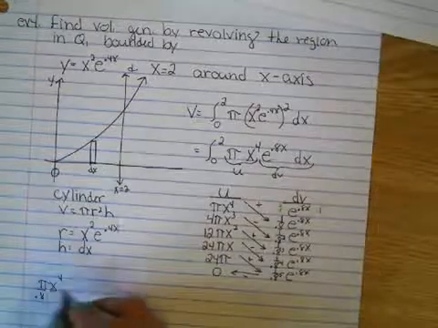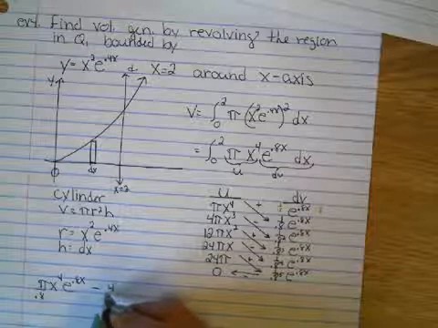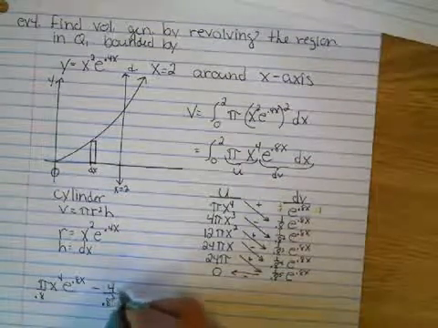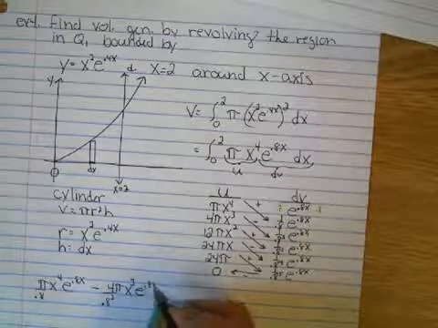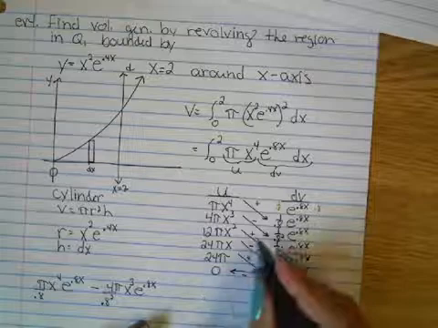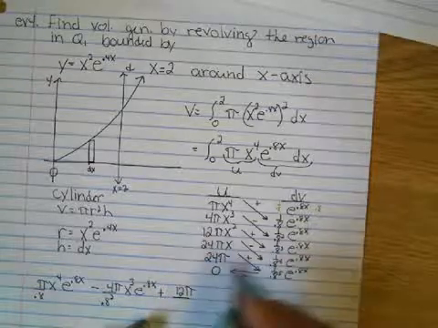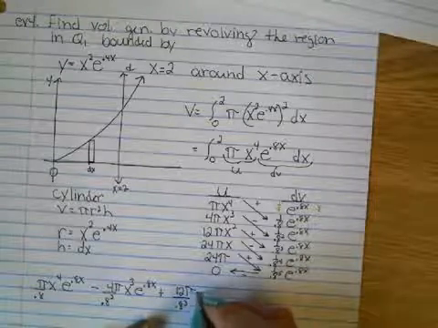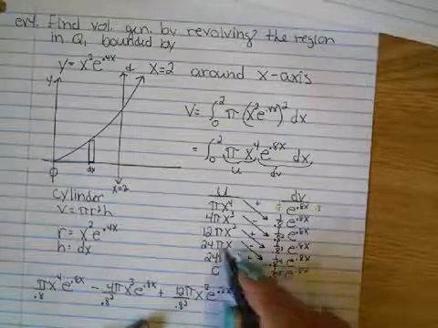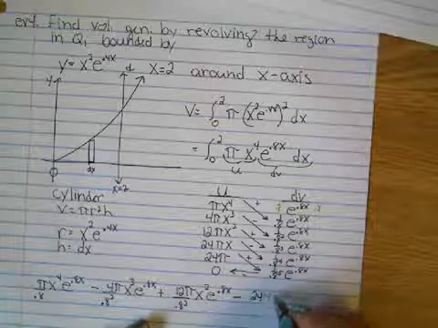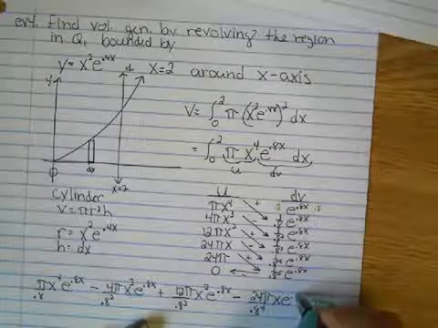Pi over 0.8 x to the 4th e to the 0.8x minus 4 over 0.8 squared pi x cubed e to the 0.8x and plus 12 pi over 0.8 cubed x squared e to the 0.8x minus 24 pi over 0.8 to the 4th x e to the 0.8x.